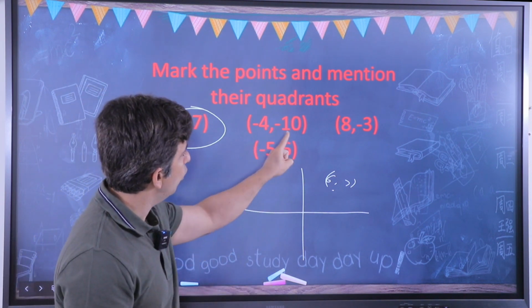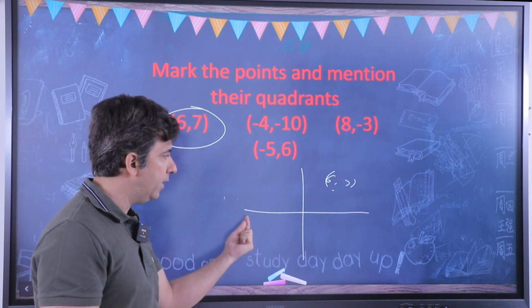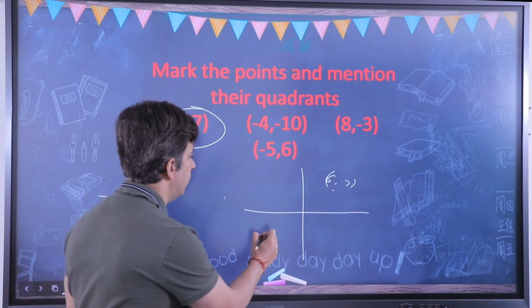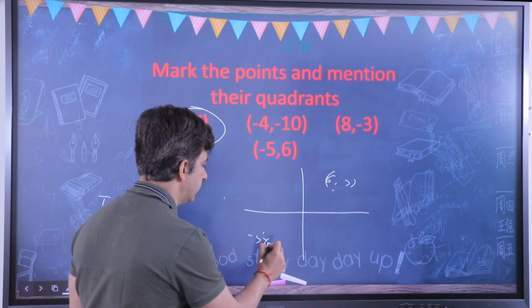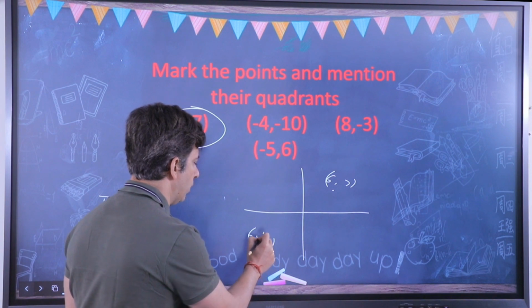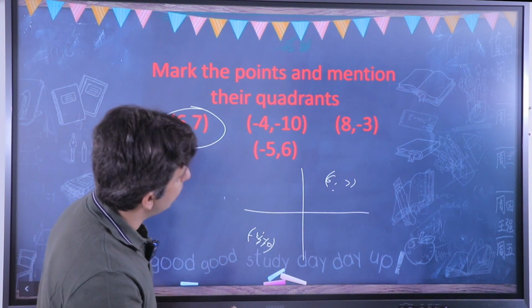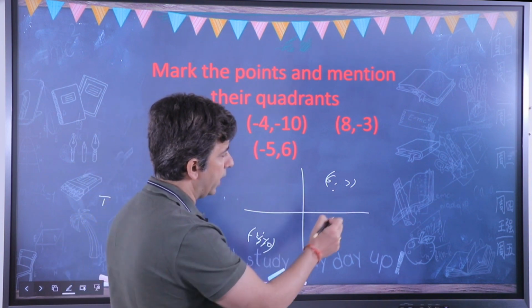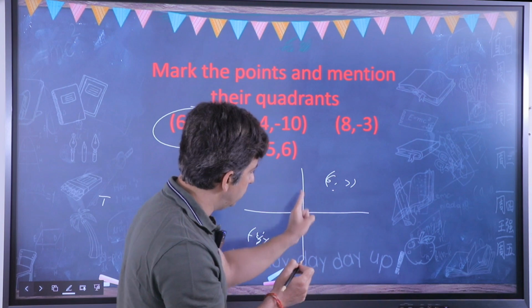Similarly, minus 4, minus 10. Minus 4 means this side and minus 10 means this side. So it's somewhere here, minus 4, minus 10. Next is 8, minus 3, which is 8 on the right side, positive side, and minus 3 means down.